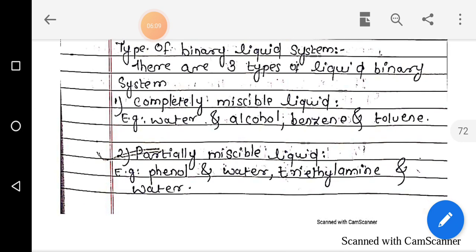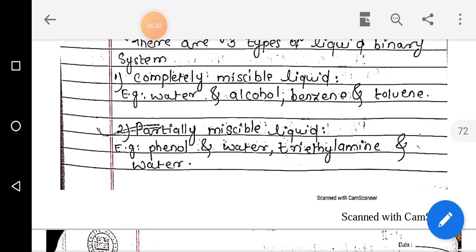So first is the completely miscible liquids. The examples are water and alcohol, benzene and toluene.